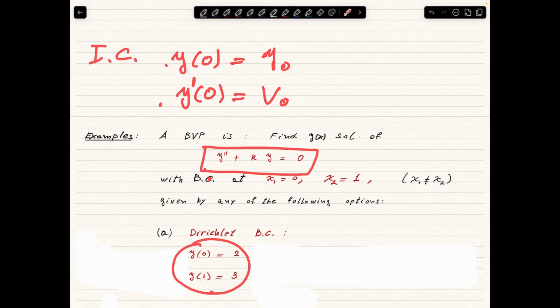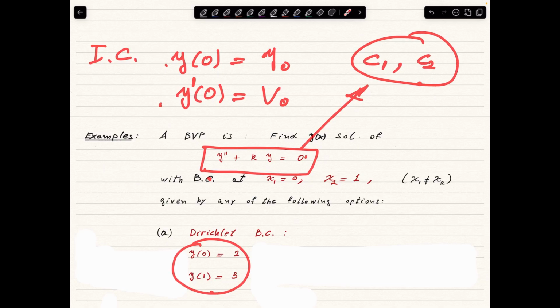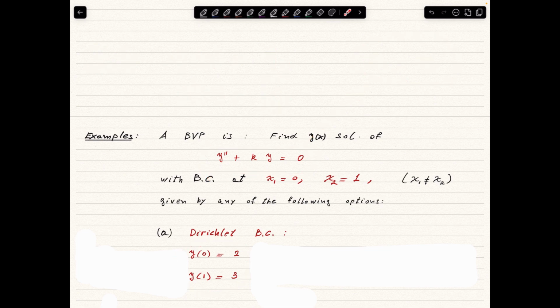We needed 2 conditions because the general solution here has 2 arbitrary constants, C1 and C2, and these 2 constants are fixed with the values of the initial position and the initial velocity in an initial value problem, where we have initial conditions.